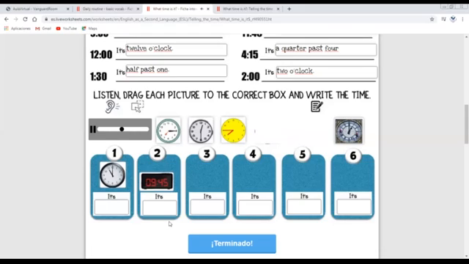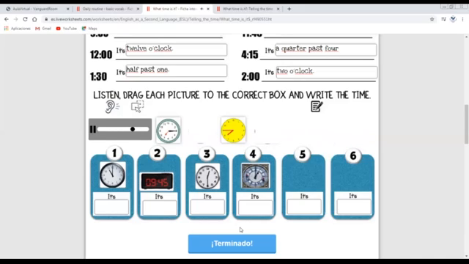It's half past 12. 4. It's 1 o'clock. 5. It's a quarter past 7. 6. It's a quarter to 8.